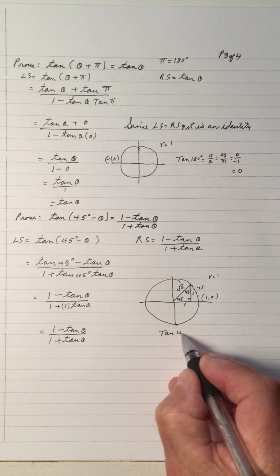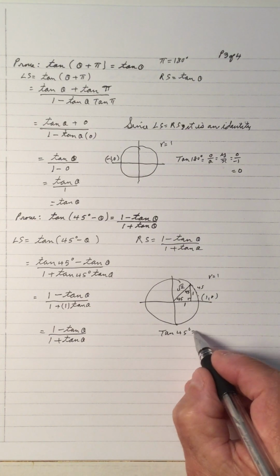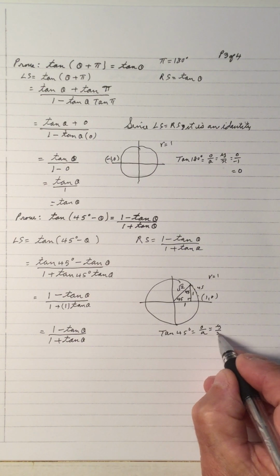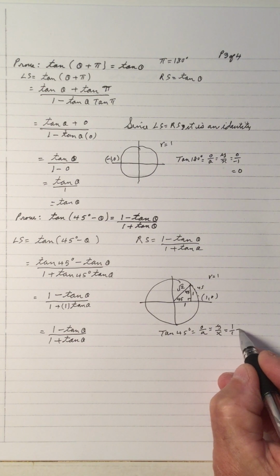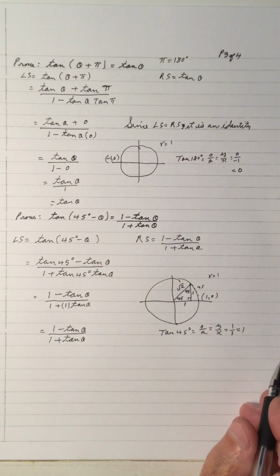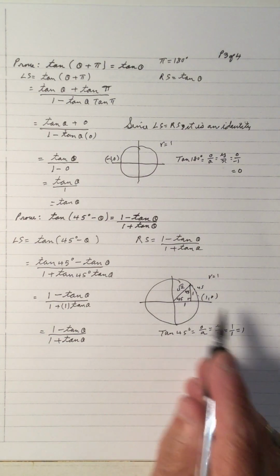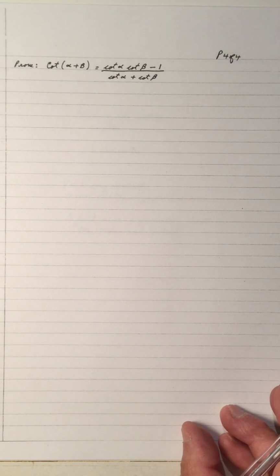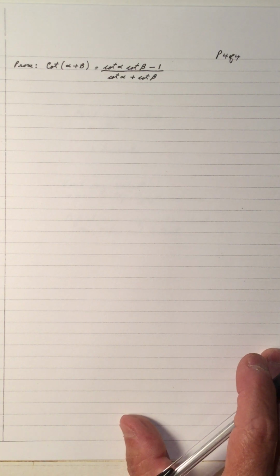So the tan of 45 is the opposite over the adjacent, or the y over the x, or 1 over 1, which is 1. The calculator is a fast way, but I'm just, again, reviewing the elementary trig. Okay, let's do one more that will end the proofs and the addition formulas for tangent.